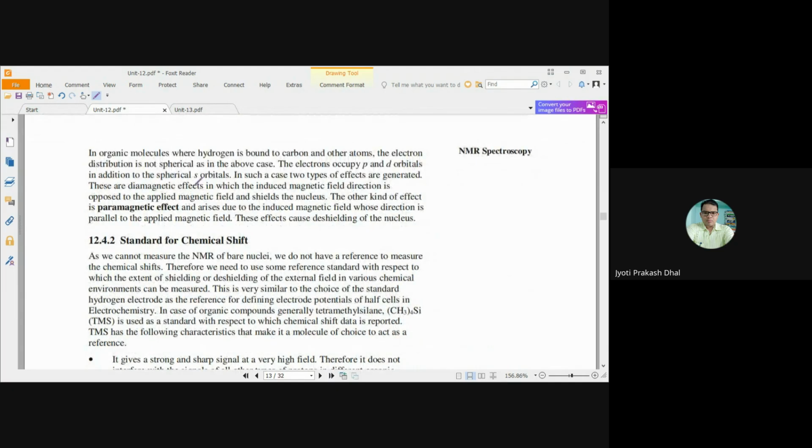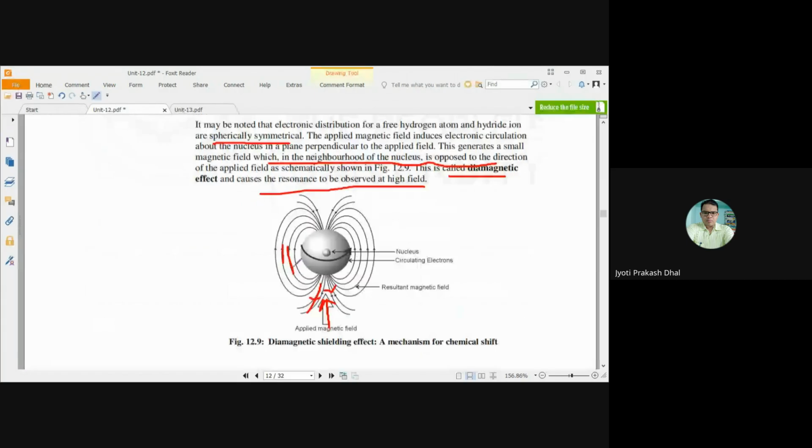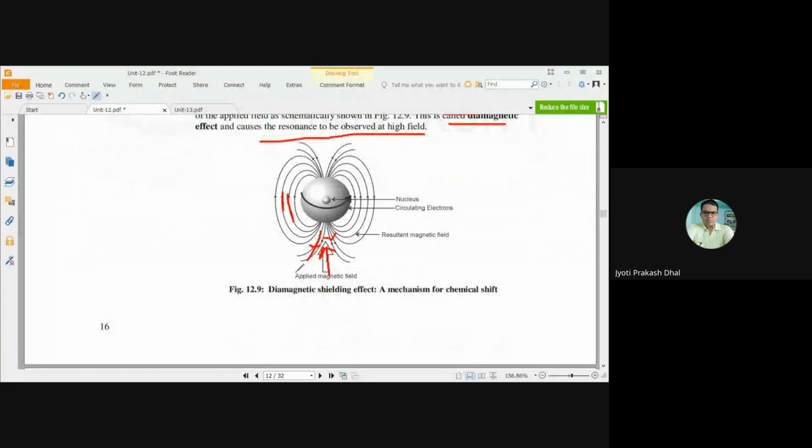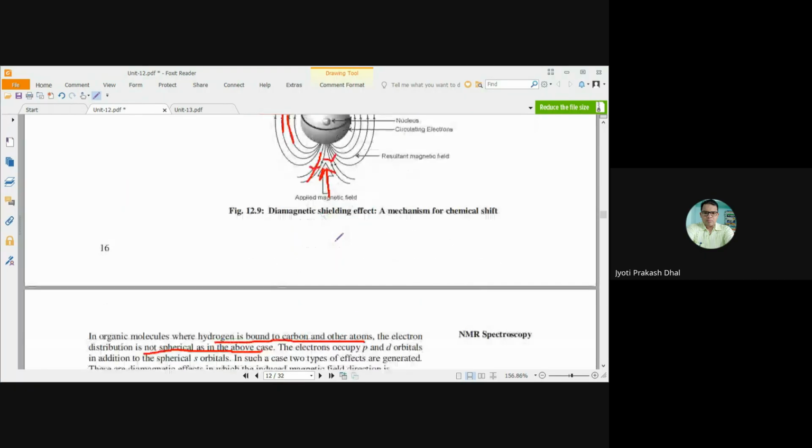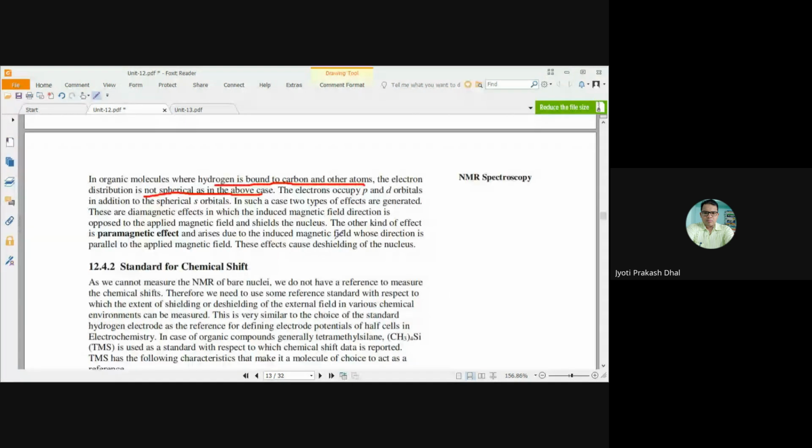Here we have considered only a single hydrogen atom or hydride ion, where the electron distribution is symmetrical and opposes the external magnetic field. But in organic molecules where hydrogen is bonded to carbon and other atoms, the electron distribution is not spherical as in the above case, and the electrons occupy p and d orbitals in addition to the spherical s orbital.